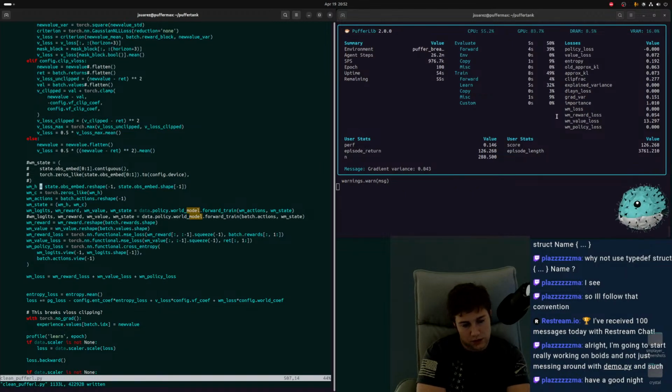It's supposed to give you logits, reward, value, and state. Does that make any sense?